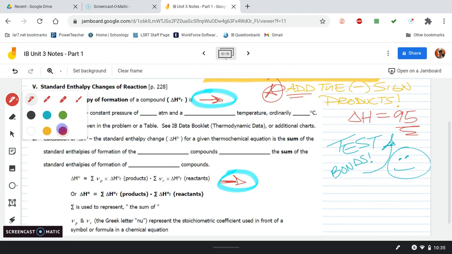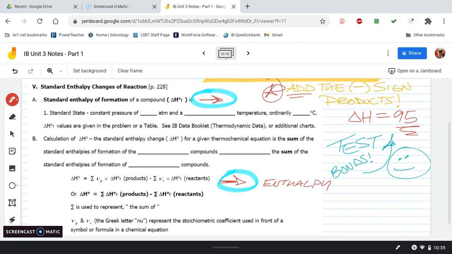So here we go. Delta heat of formation, and there are a couple of important pieces here. This is going to be enthalpy, remember that weird word that's also like energy.